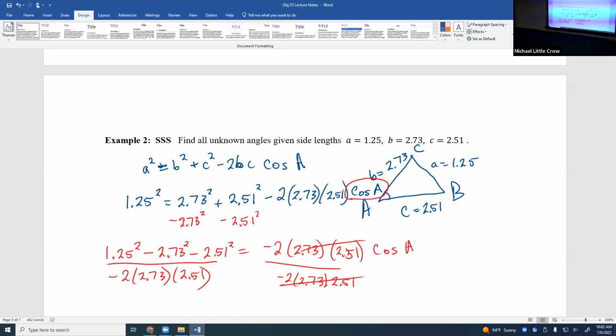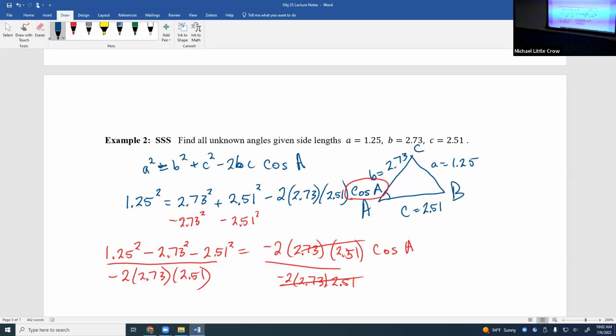We're going to need to take the inverse cosine of this.